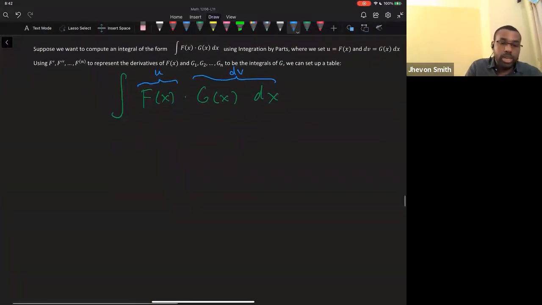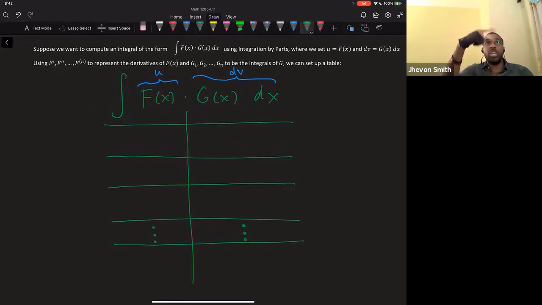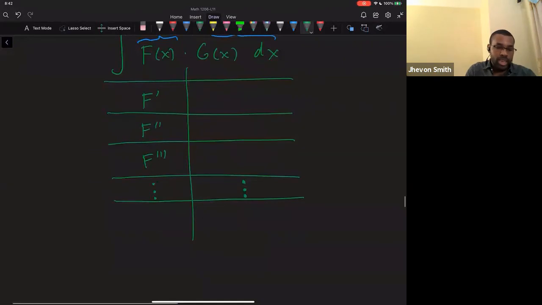And I'm going to create a table below this integral where I'm going to perform both operations. In the first column with the F, I'm going to just keep differentiating. So this here would be F prime, this F double prime, this F triple prime, etc. And I keep going until I take n derivatives.